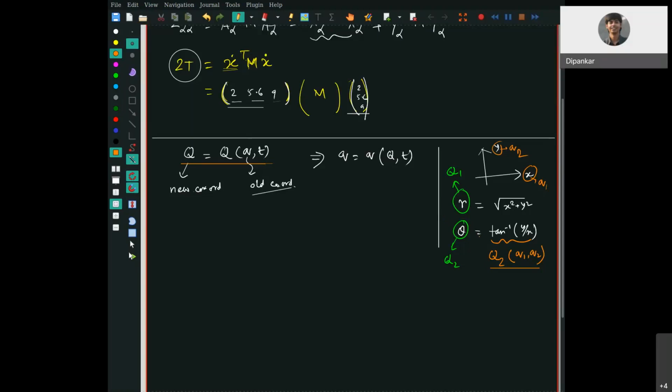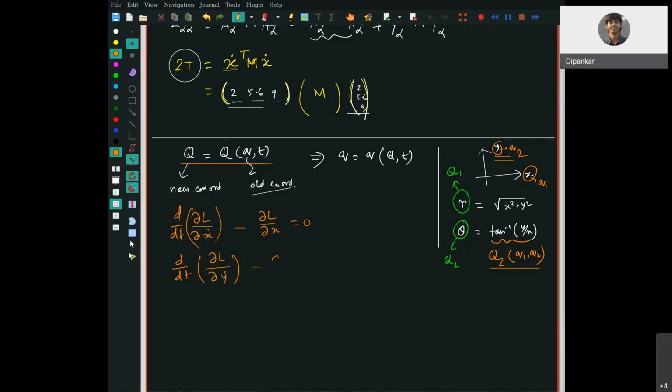Then the question is, suppose the Lagrange's equation is satisfied in terms of the old coordinates, that is, x and y. So you have d dt of del L del x dot minus del L del x equals 0, and d dt of del L del y dot minus del L del y equals 0.